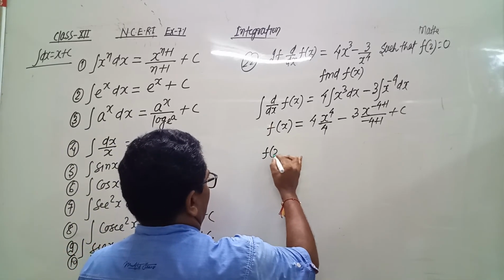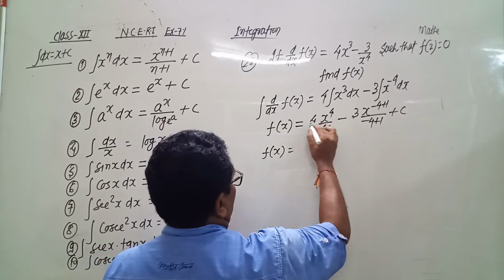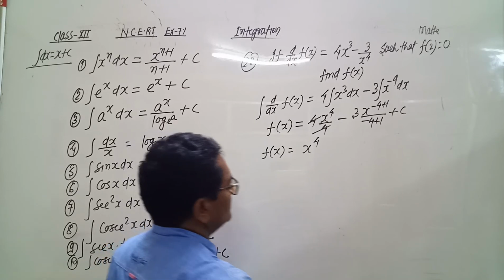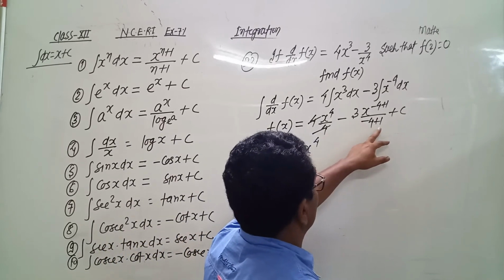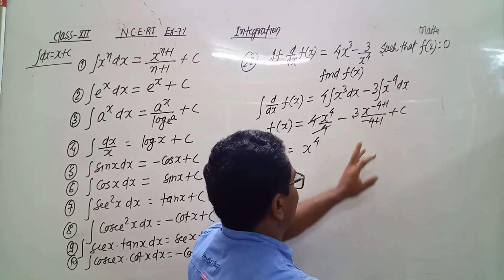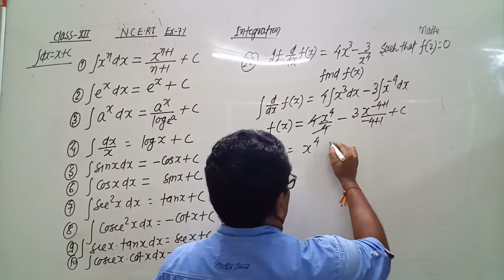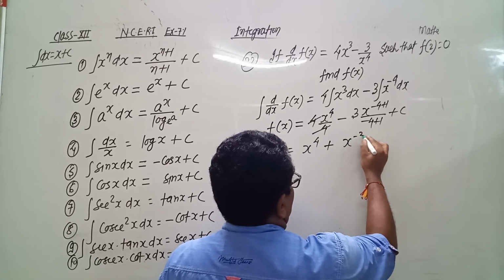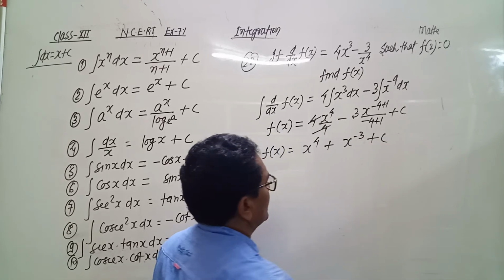So f of x equals 4 gets cancelled, x raised to the power 4, minus 4 plus 1 minus 3, and 3 cancelled and minus becomes plus. So we get x raised to the power minus 3 and plus c.